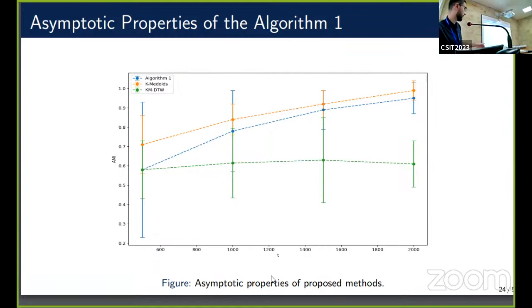We also evaluated other non-parametric algorithms, but this is the best one among them. We generate 500, 1000, up to 2000 samples, and for the evaluated clustering algorithms, we have a clear asymptotic pattern.